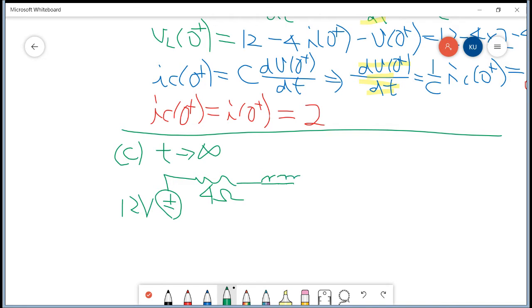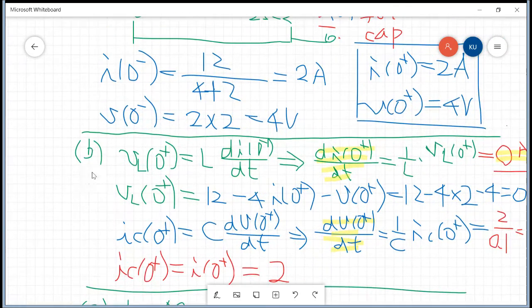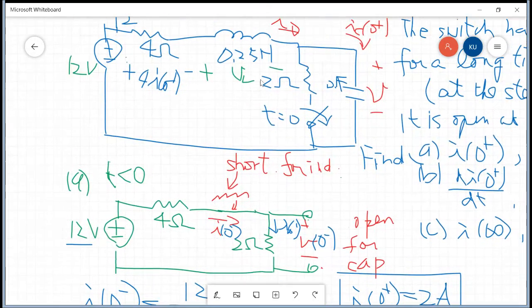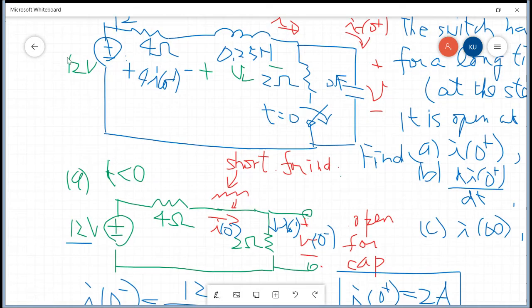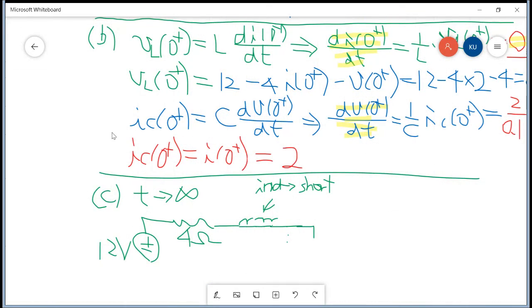So this is an inductor, could be short circuit, and that path is open. So the only remaining stuff is the capacitance. So this one is open, and then a series of capacitor like this.